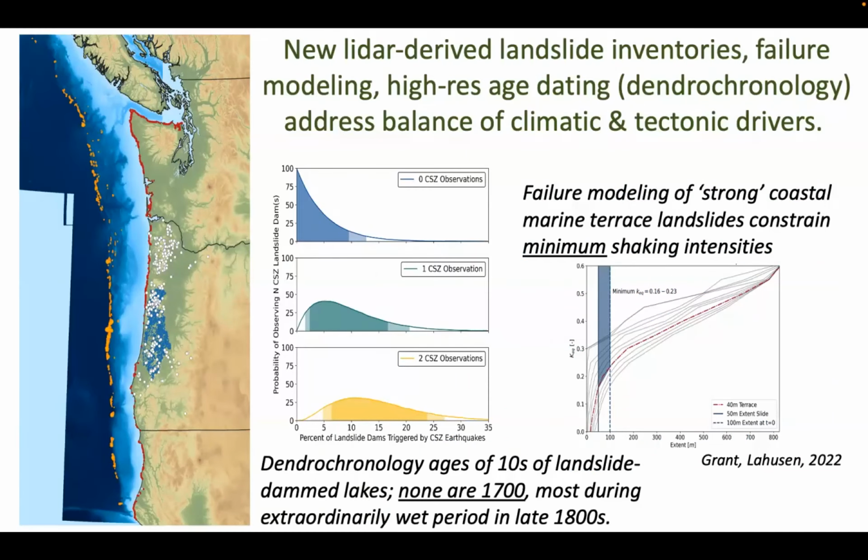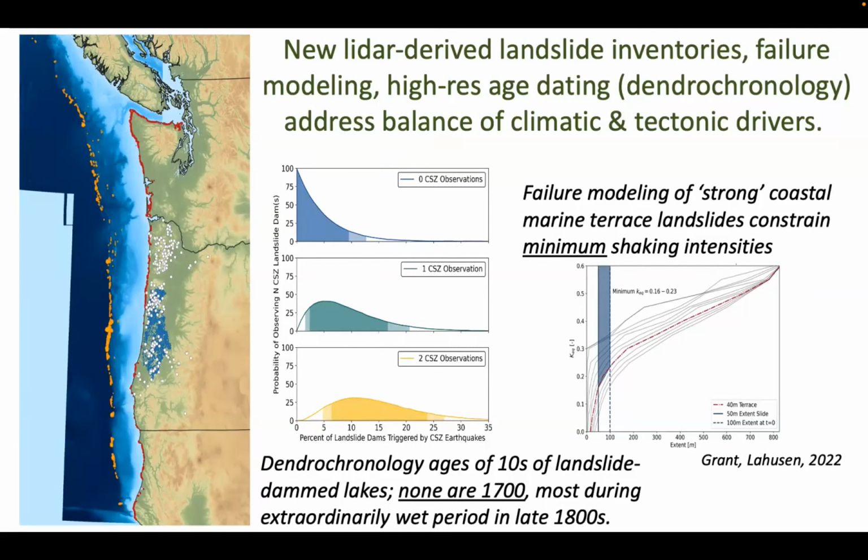This already has been shown. Gavin showed this. This is a new possibility, a new type of data and analyses that comes from a new landslide inventory. The dots are the onshore. This will be published very shortly, and an offshore inventory of offshore landslides from the latest and greatest bathymetry.